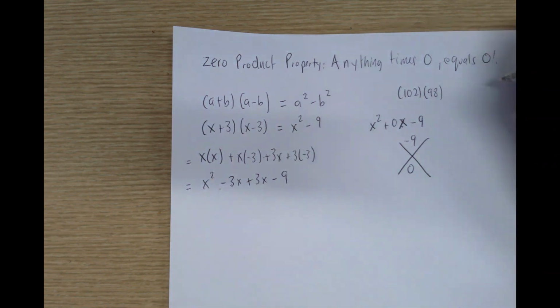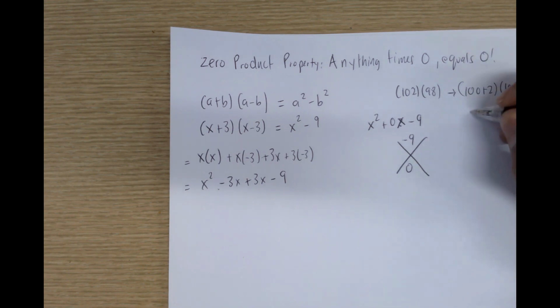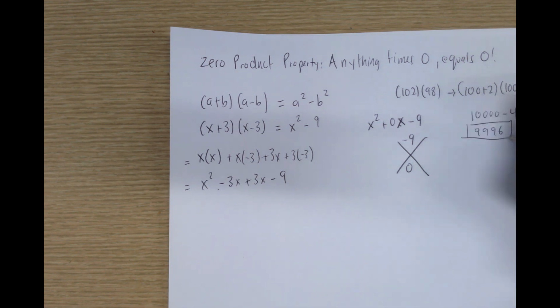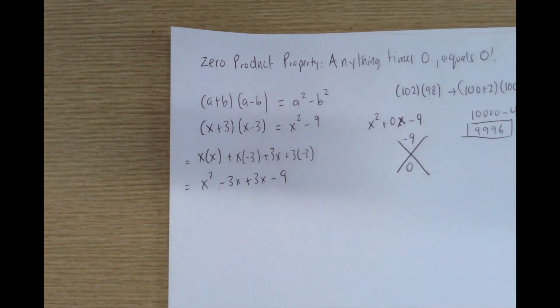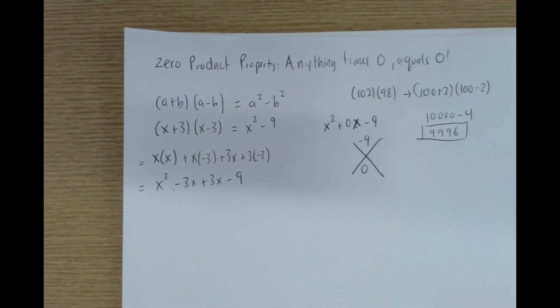An application of this, in higher math, is that you could do (100 plus 2) times (100 minus 2), and then this would just be 100 squared minus 4, and then you could easily just do the multiplication. It could be a cool party trick. It also has an effect when you're doing the GRE.